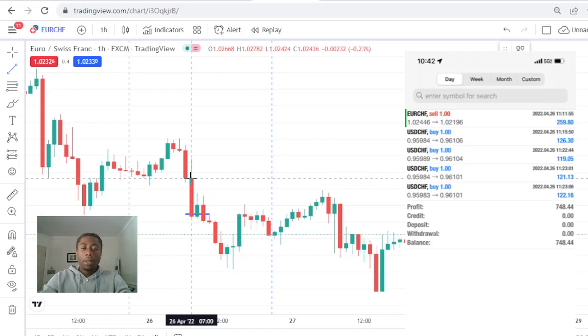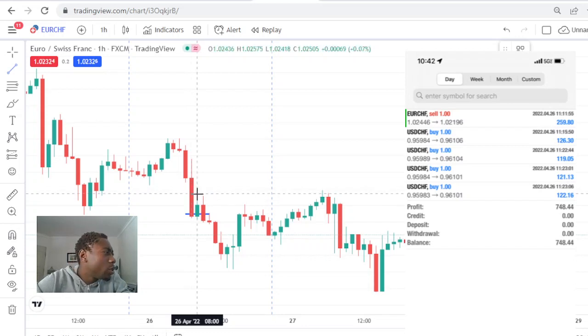So anyways, with that being said, this one I did have a stop loss at 1.02595, which puts me at about here.